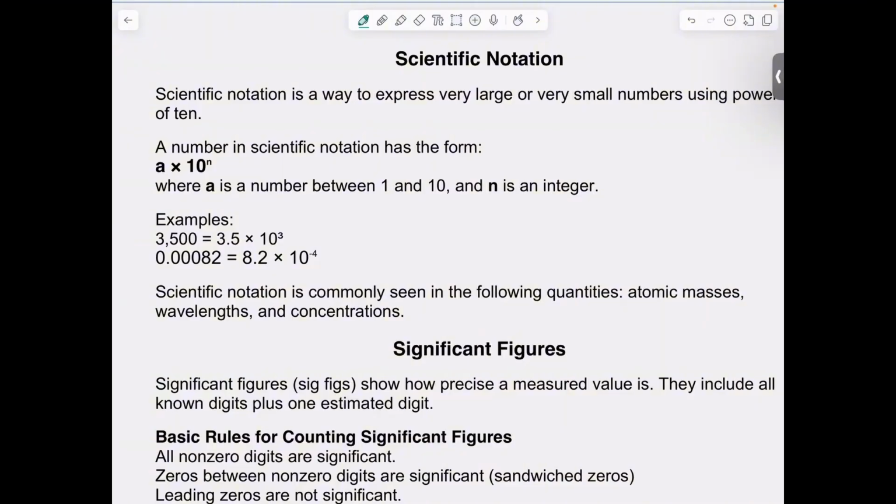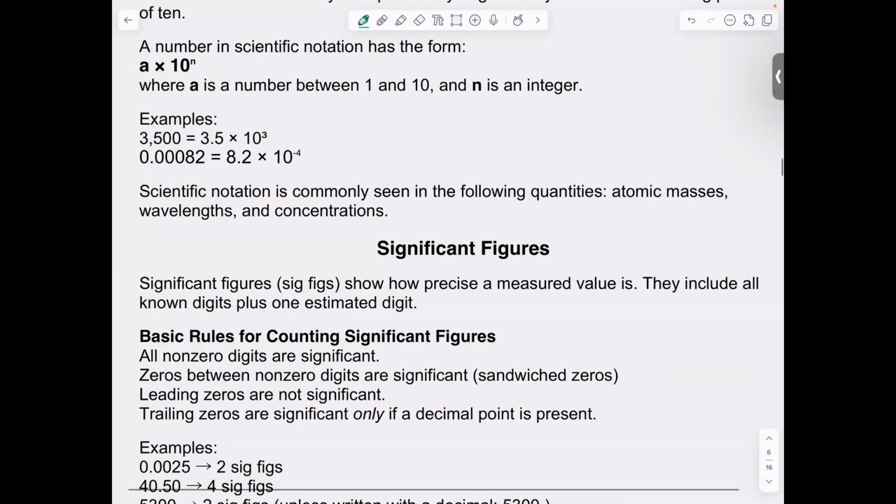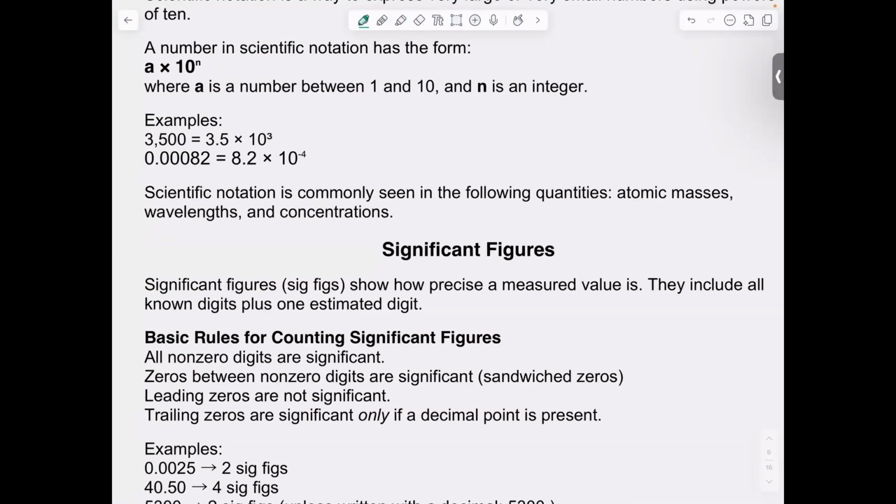We'll look at taking the SI prefixes, the Greek, I think it's Greek or Latin prefixes, and converting up and down the scale. Now, significant figures, oh, and I'm sorry, one more thing, concentration. So for instance, like acids and bases, they have really, really tiny amounts of concentration.